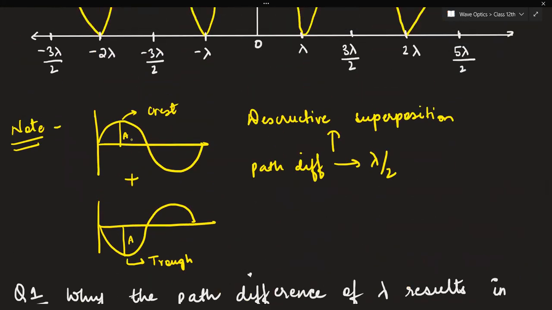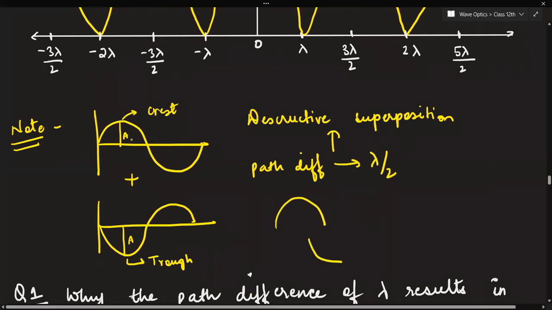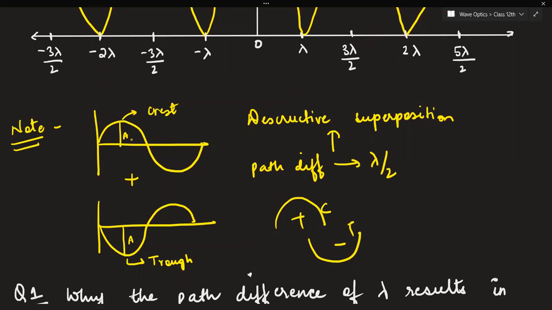Plus, minus, crest and trough. How do they superimpose on each other? They superimpose destructively. So that decreases the amplitude, that decreases the intensity, the phase difference.